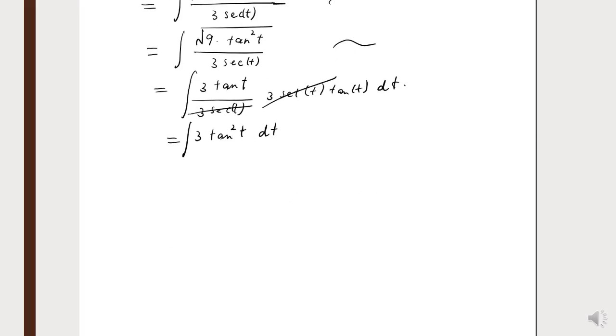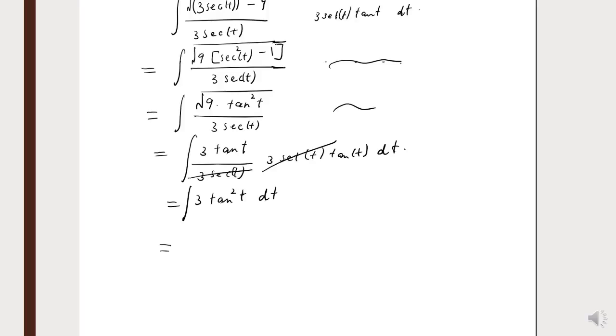Unfortunately, we don't have the derivative of tan t squared in our basic derivative table. However, if we change tan t squared to something we're familiar with, sec t squared minus 1.